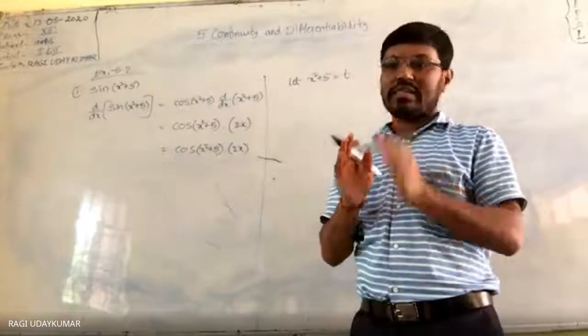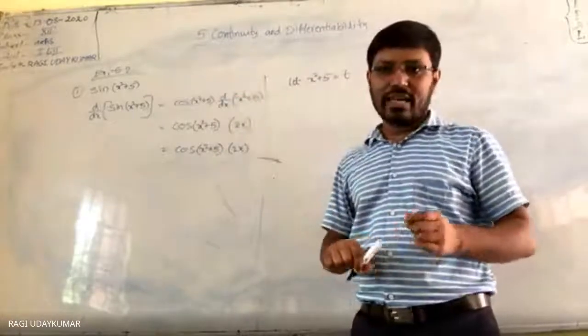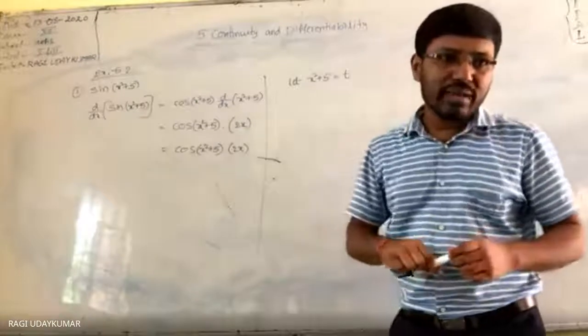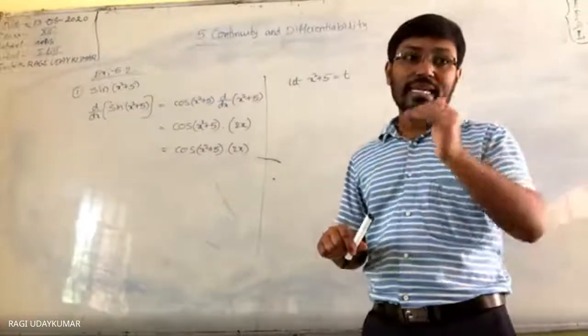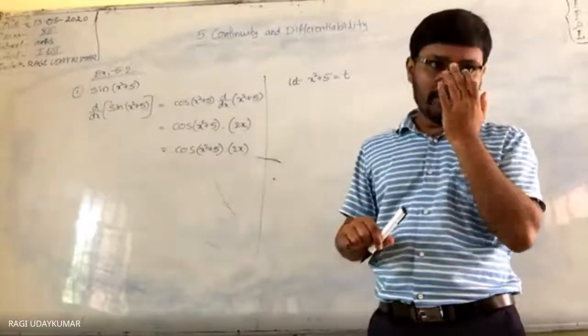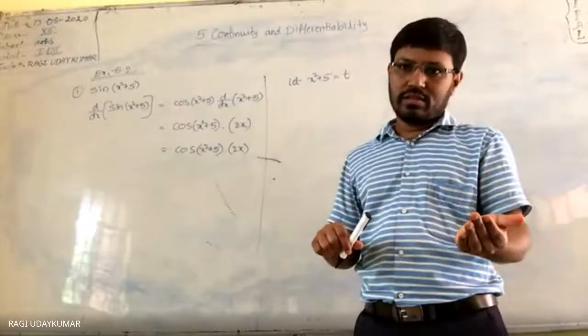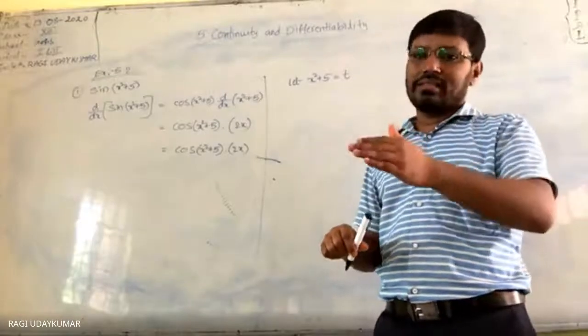It becomes sin t, where you have considered t as x square plus 5. So the derivative of that function with respect to t you need to find. The derivative of sin t with respect to t is cos t.